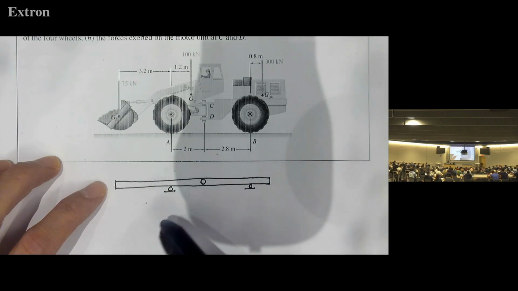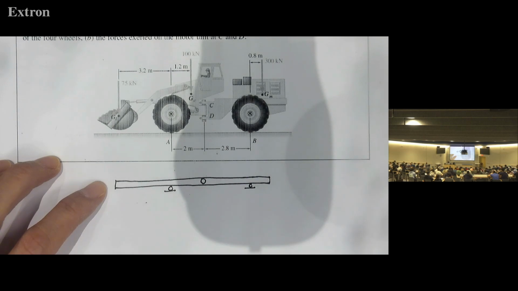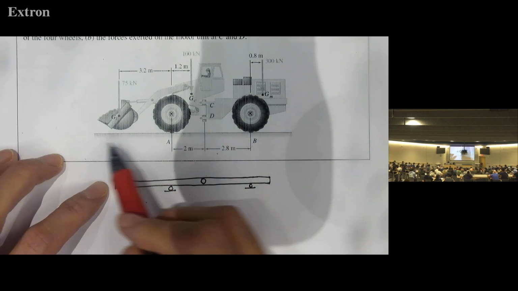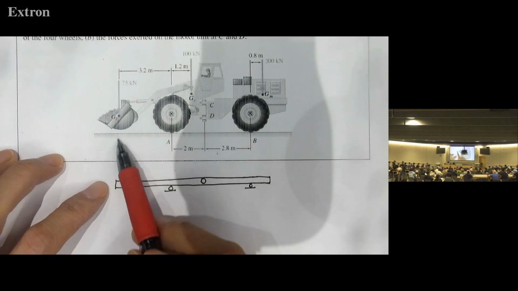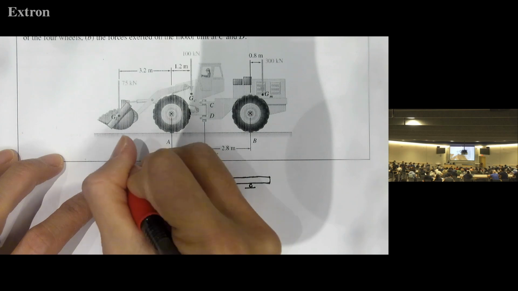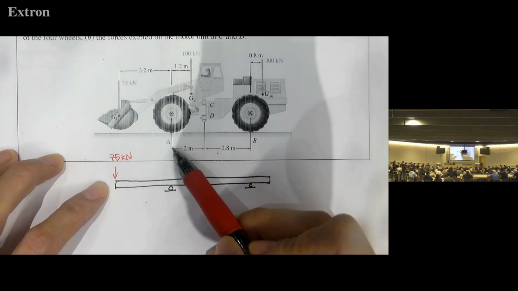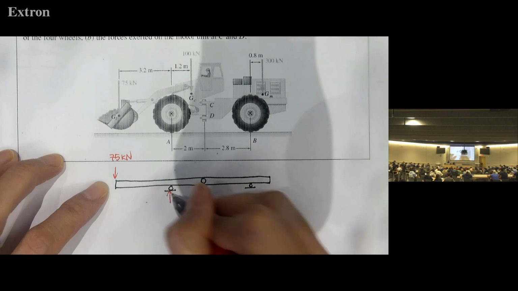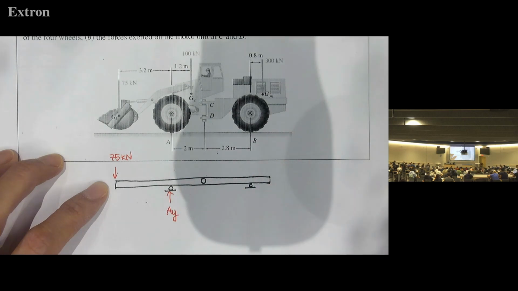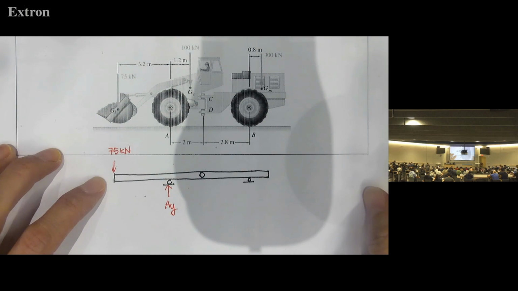So this is my simplification. Very extreme simplification, right? And now let's add some forces. So we have 75 here. And at A, it's a roller, so we should have only one reaction perpendicular to the surface, right?